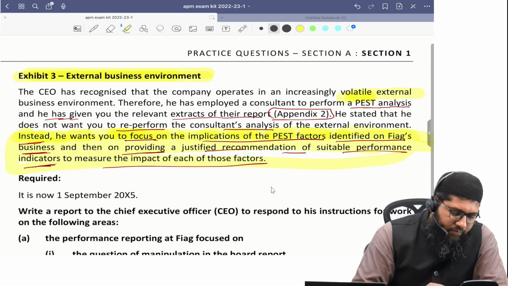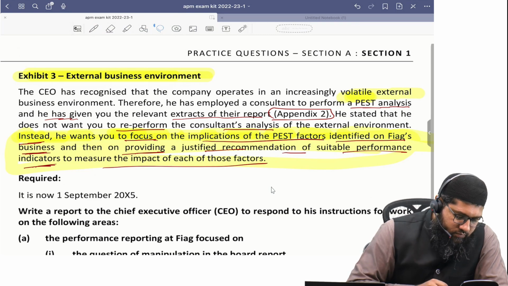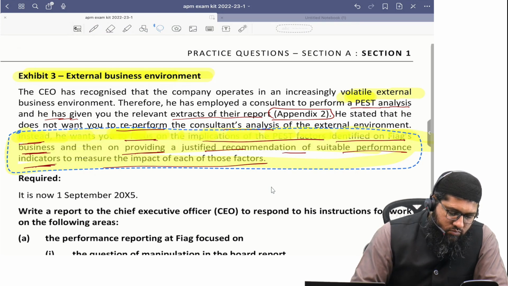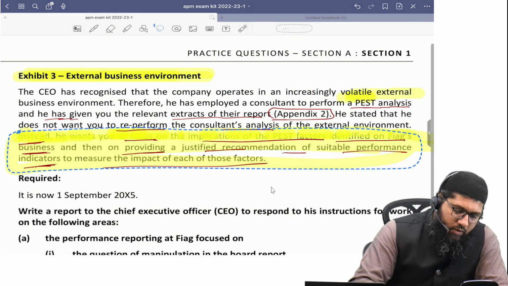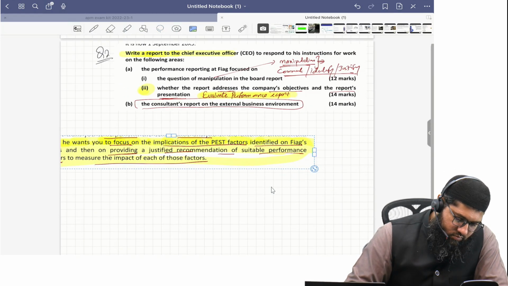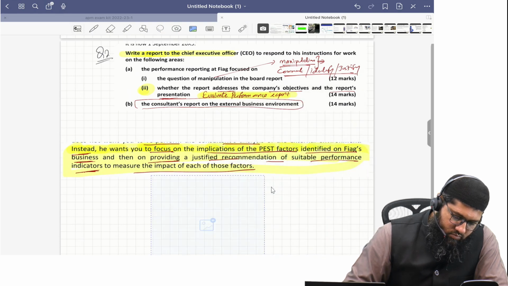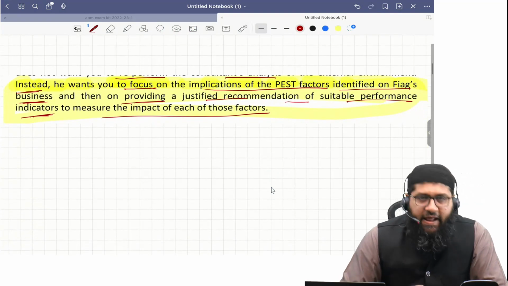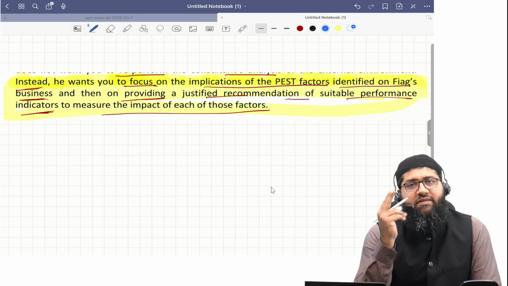Now see, let me just guide you a bit. In this scenario, what is actually happening is that the examiner is asking two requirements.